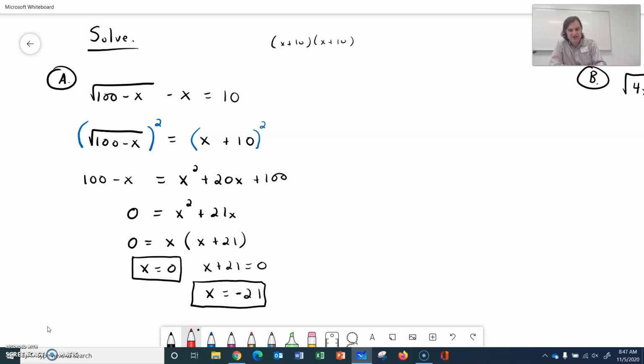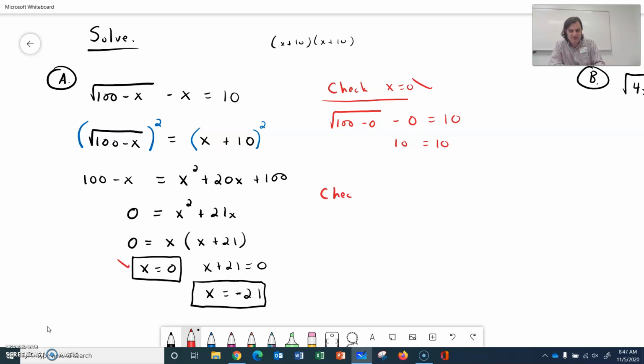So let's check x equals 0. If I take my equation to begin with, square root of 100 minus 0 equals 10. Square root of 100 is 10, equals 10. It checks. So 0 is good.